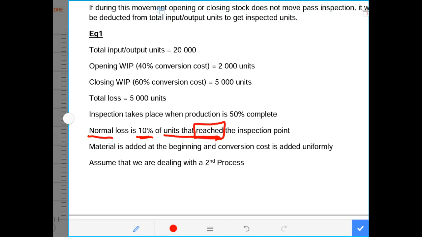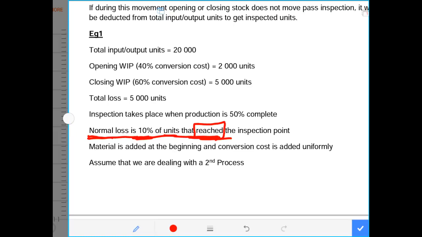So now they are telling us that there is what is called normal loss, which is 10% of the units that reach the point of inspection. And be mindful of the fact that a normal loss is the loss that is expected, and a normal loss is the loss that is uncontrollable. So now it means we expect that this number of units, which is 10%, will be lost because of the production process.